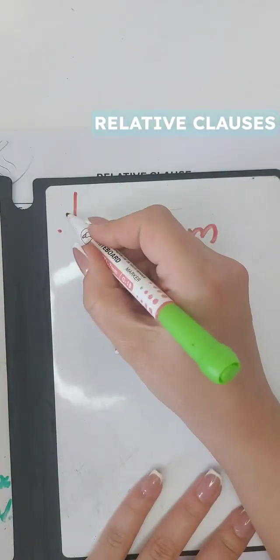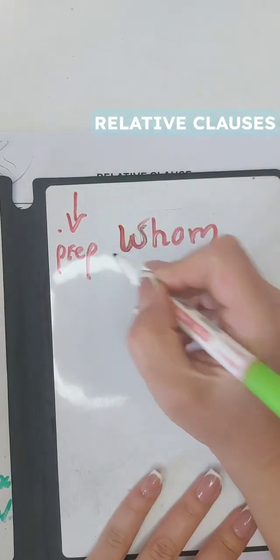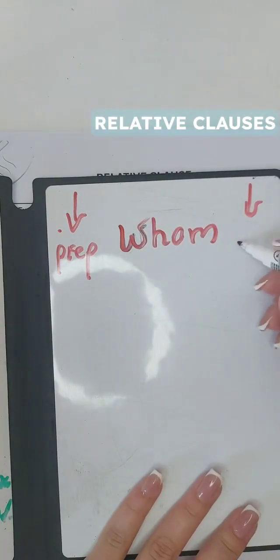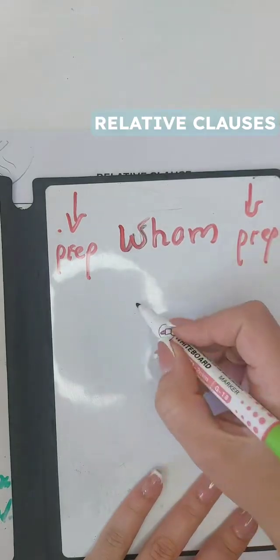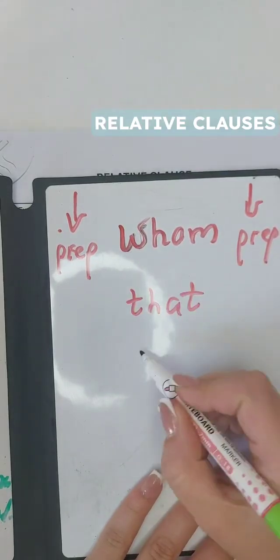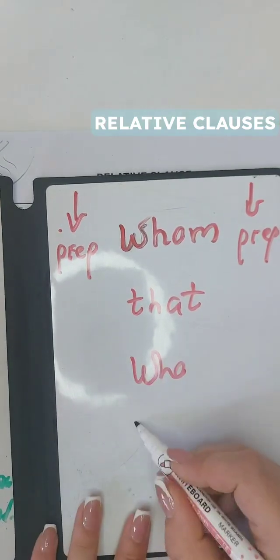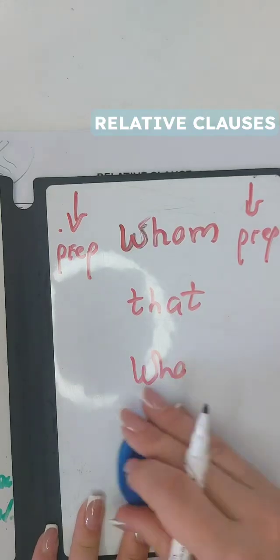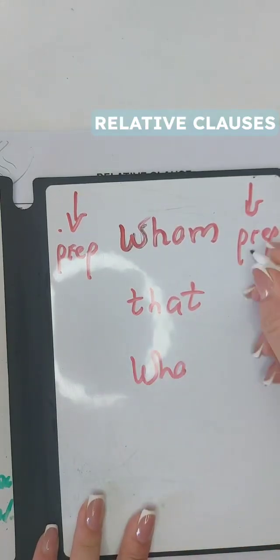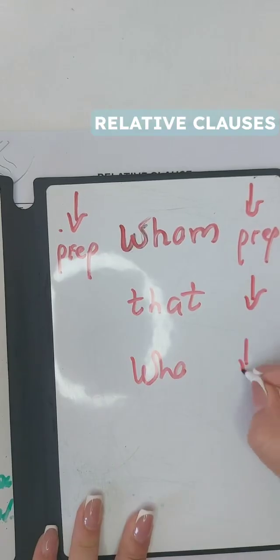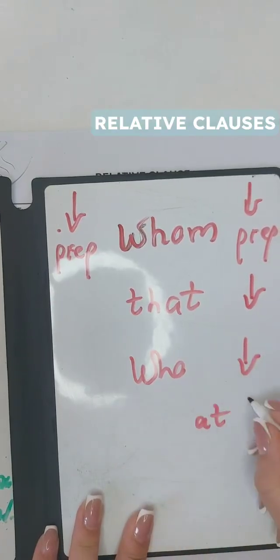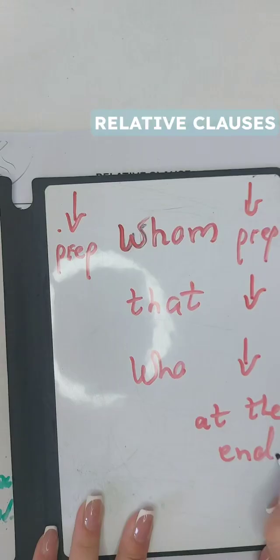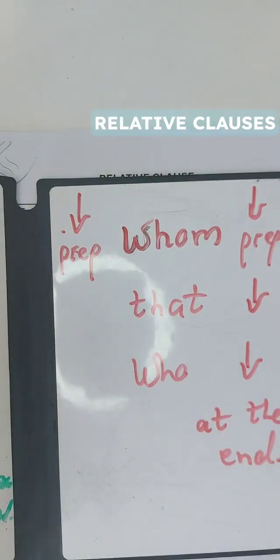We can put the preposition here or at the end here, right? With that, or with who, or which, no, wait, not with which, the preposition goes at the end of the sentence, at the end of the relative clause. Who I spoke to was very helpful.